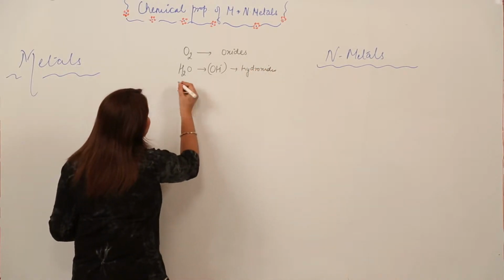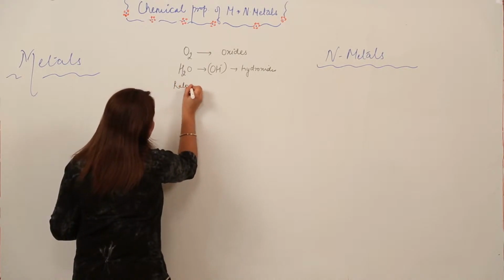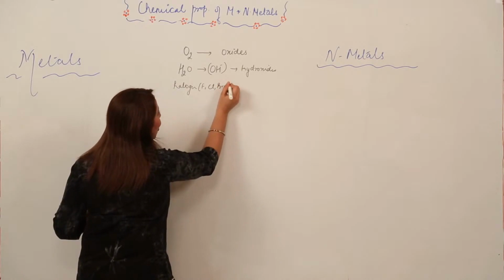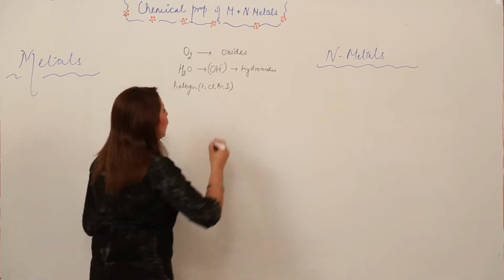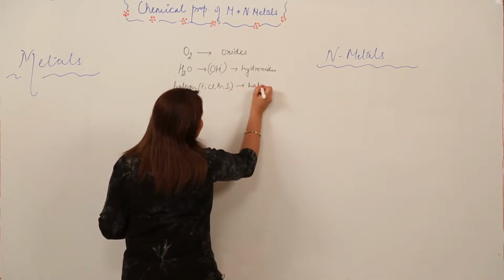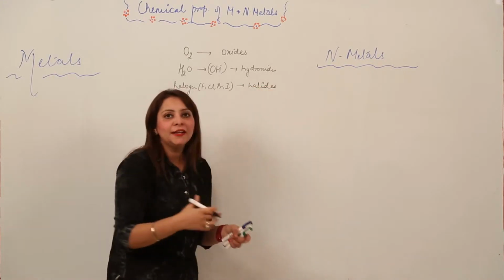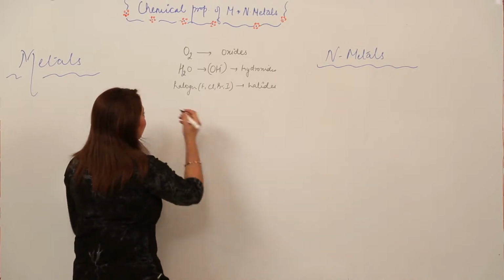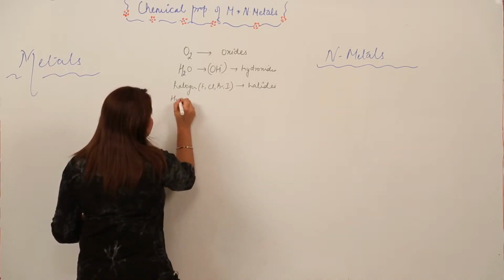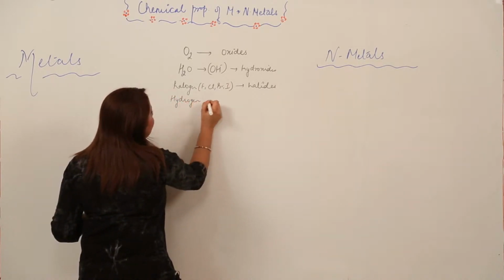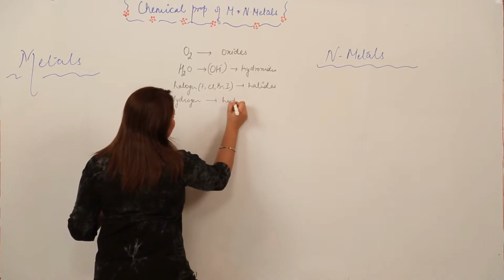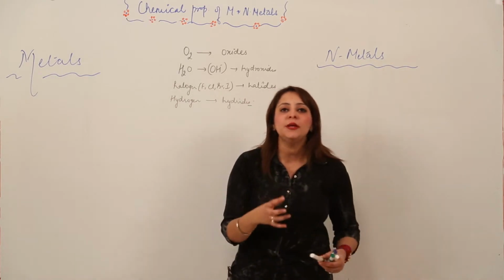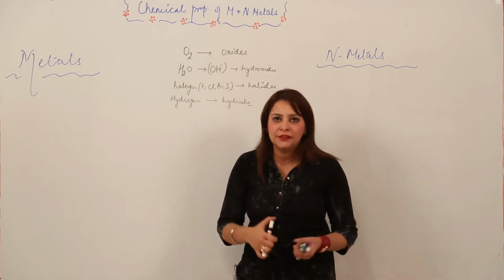Similarly, if some substance reacts with a halogen, meaning fluorine, chlorine, bromine or iodine, it leads to the formation of the respective halides, meaning fluoride, chloride, bromide, iodide, likewise. And if some substance reacts with hydrogen, it leads to the formation of hydrides.